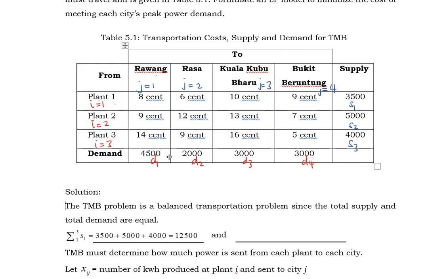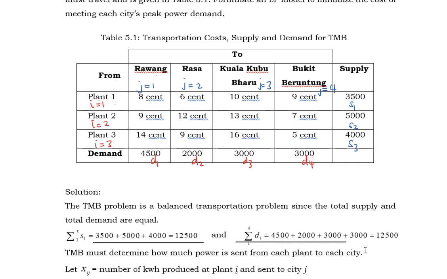And the total demand is 4,500 plus 2,000 plus 3,000 plus 3,000, so we get 12,500. Since the total supply and total demand are equal, the TMB problem is a balanced transportation problem.